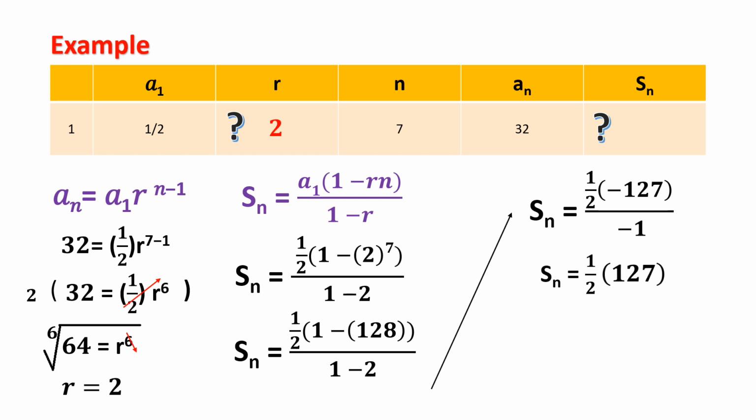So the remaining equation now is 1 half of 127. What is 1 half of 127, or 127 over 2? That is 63.5. So our answer will be 127 over 2, or 63.5. That is now the sum of the geometric sequence.